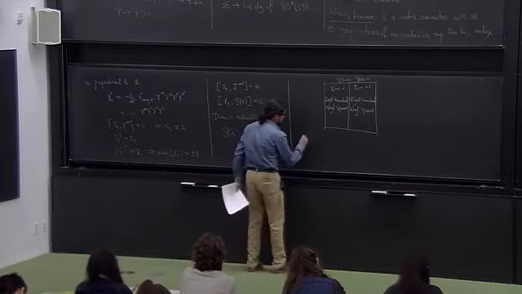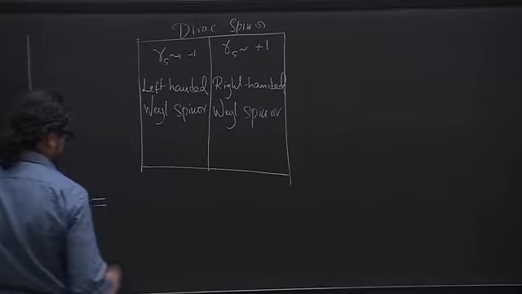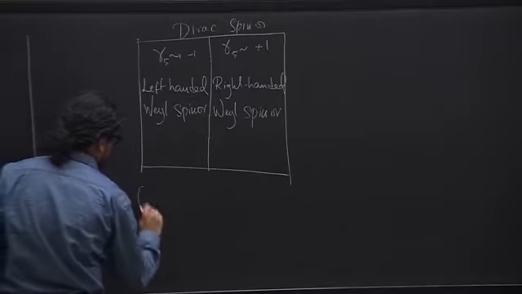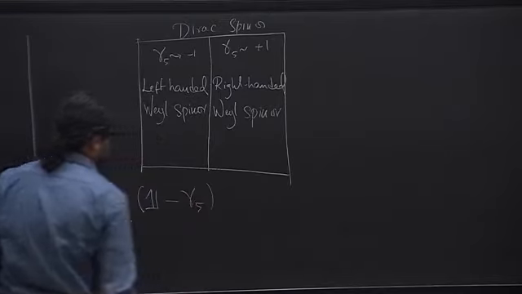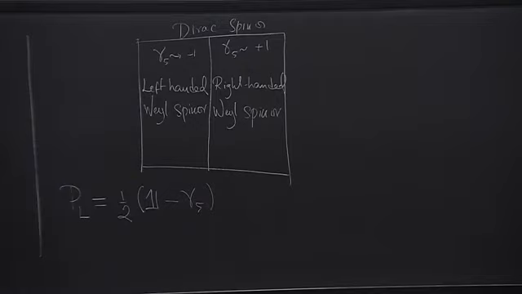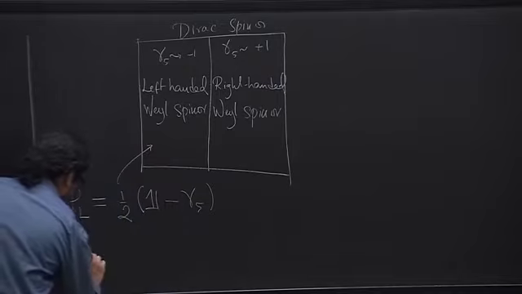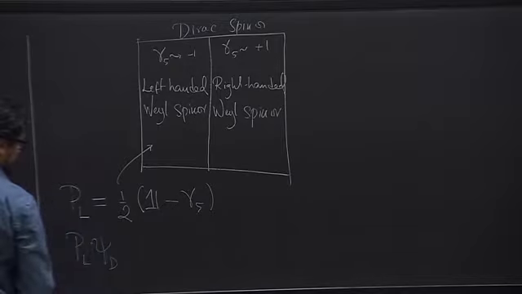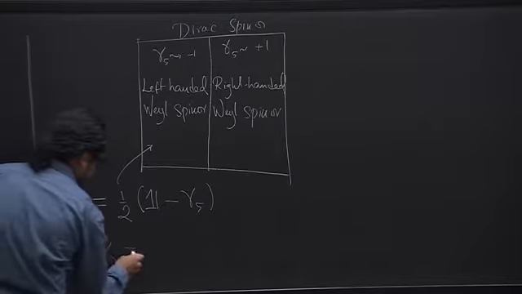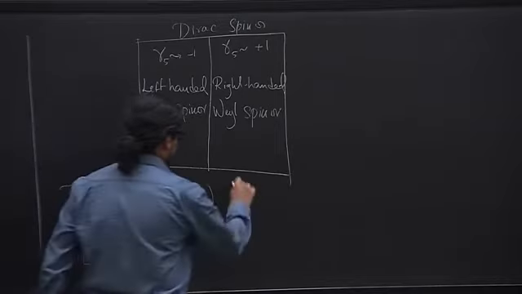And then you can construct a projection operator. So this is the projection operator which, acted on a Dirac spinor, gives you a left-handed Weyl spinor. So this guy maps you to this. So if you take a Dirac spinor and project it by this guy, then you get a left-handed Weyl spinor.